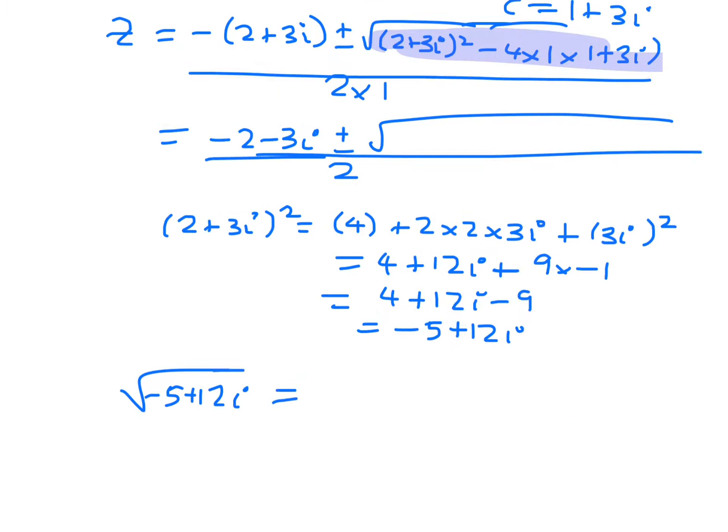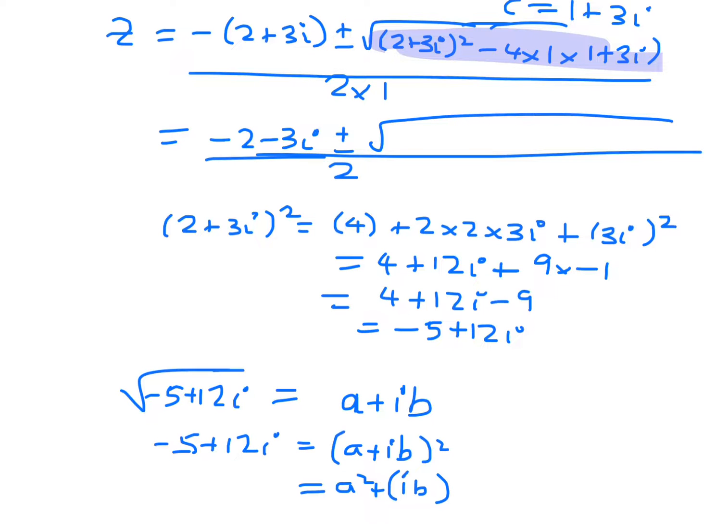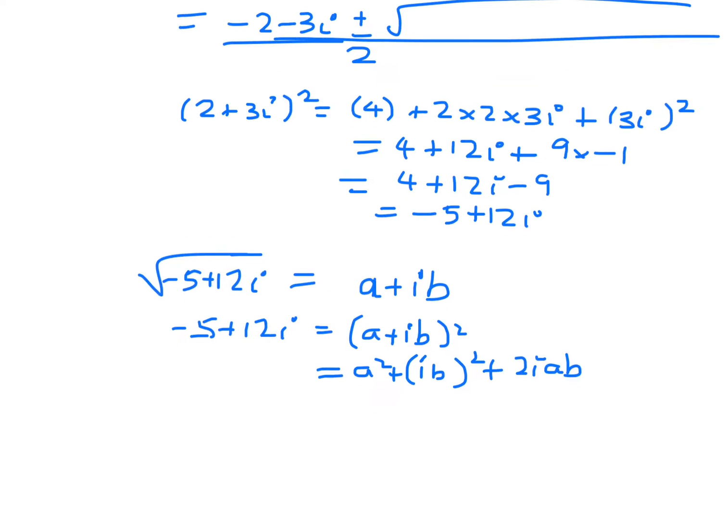Okay, then you need to find the square root of minus 5 plus 12i. So that's a plus ib. So minus 5 plus 12i equals (a plus ib) squared, which is a squared plus (ib) squared plus 2iab.